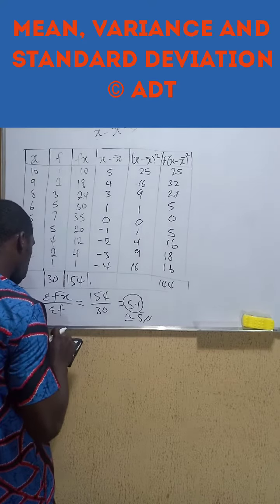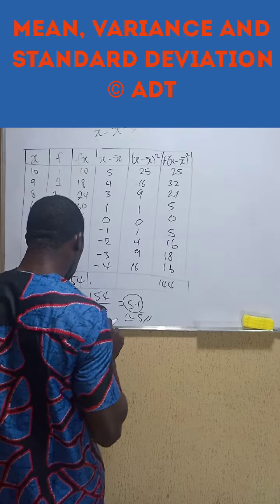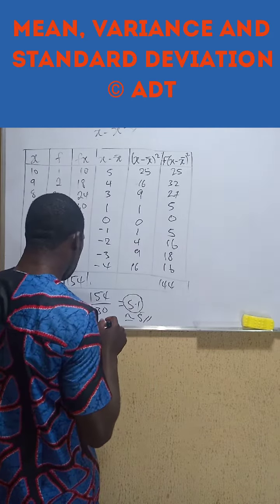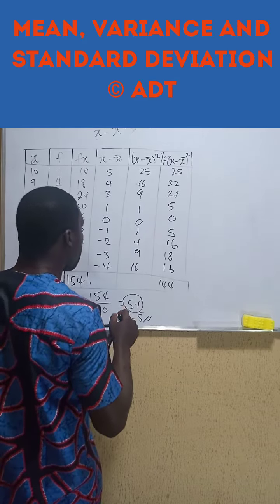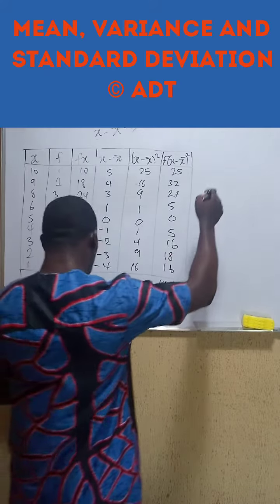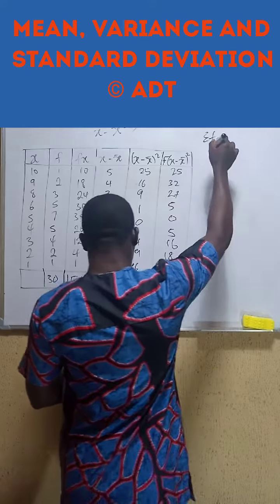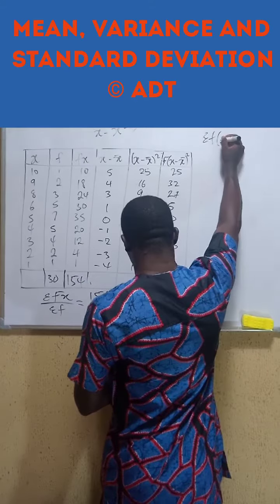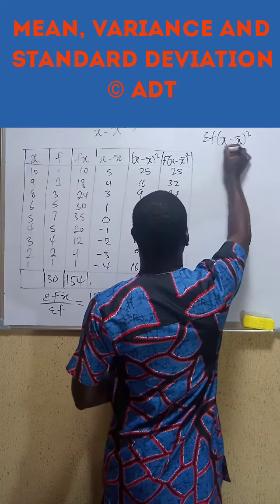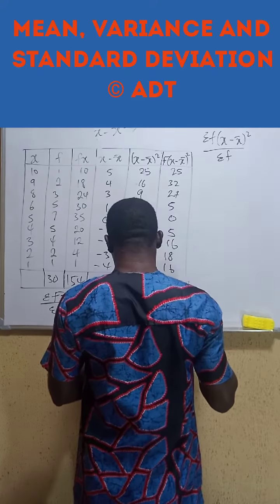So back to the question. So this is where we are. Now we can solve this problem, using the formula summation of f of x minus the mean squared over summation of f.